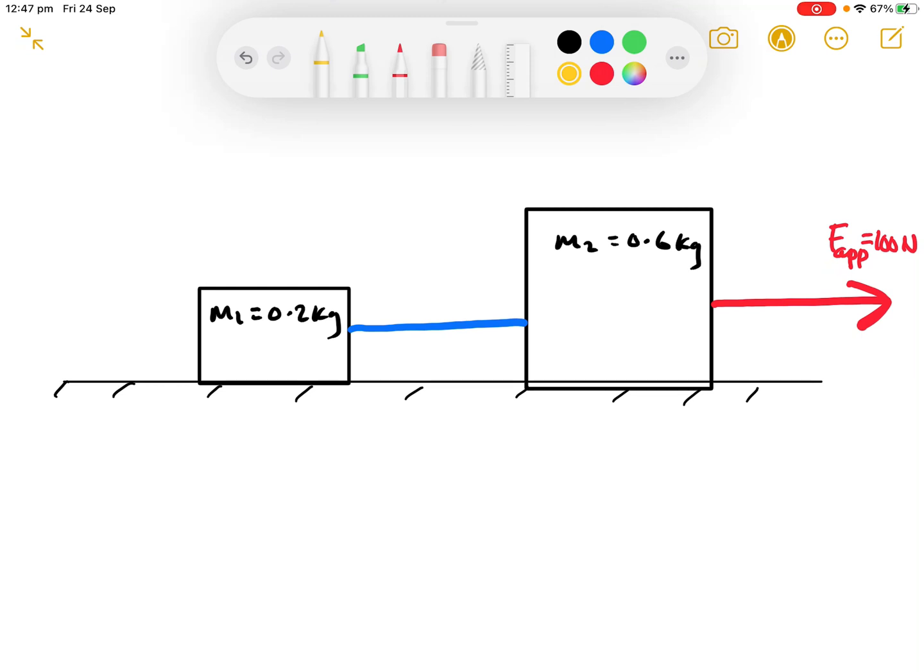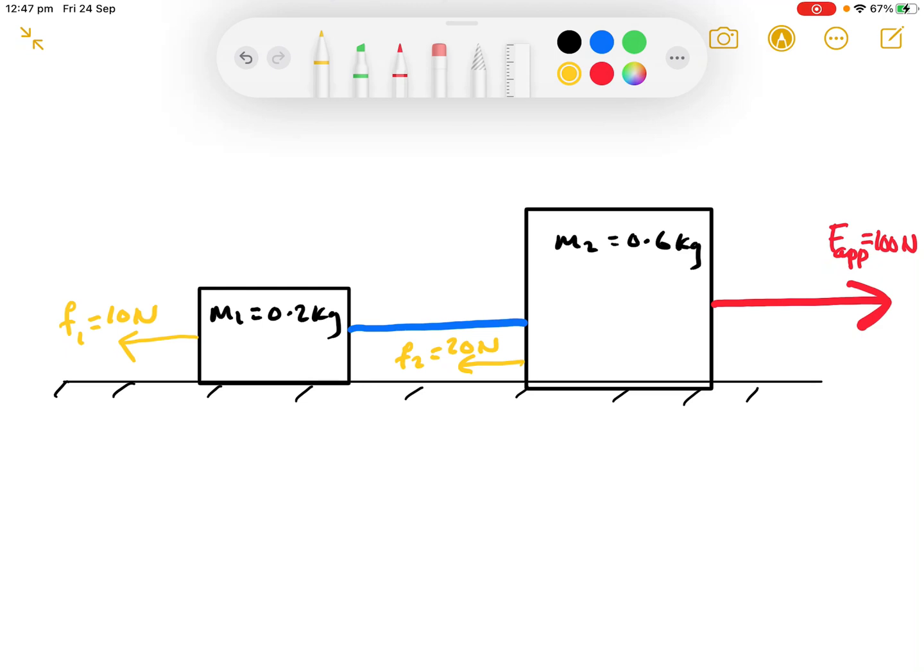Let us have frictional forces on each one. So we'll call frictional force F1 be 10 newtons on the small block, and we'll have frictional force F2 be 20 newtons on the bigger one.